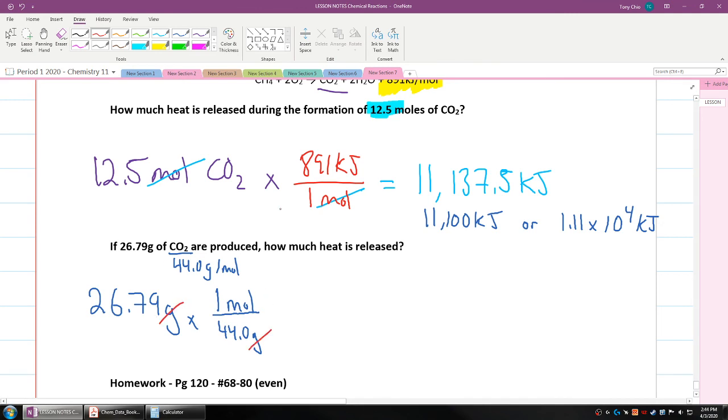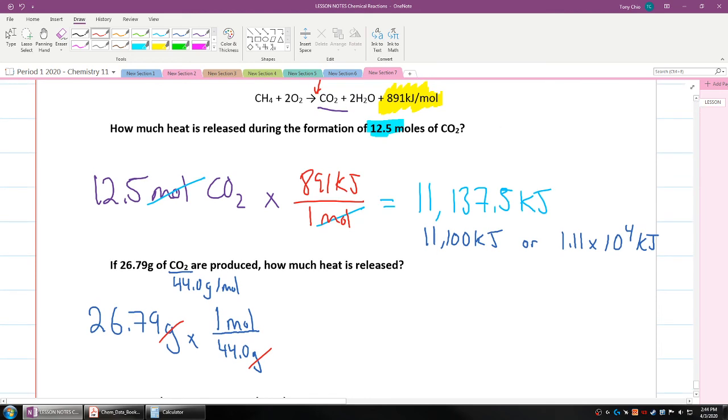Now we're in moles, we can use the energy term. As you see here, CO2 again is, in this case, 1 mole. So if I multiply this by 891 kilojoules per 1 mole of CO2, we're going to see again our moles cancel out, and we're left with just kilojoules. That's the unit we want to solve.